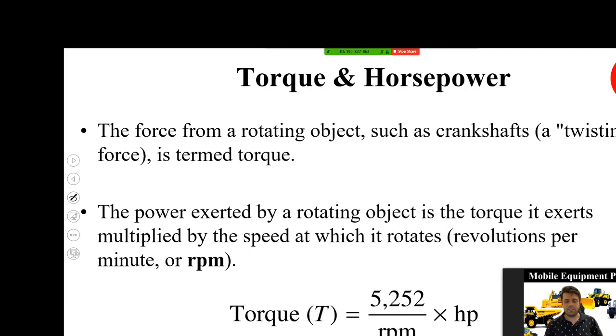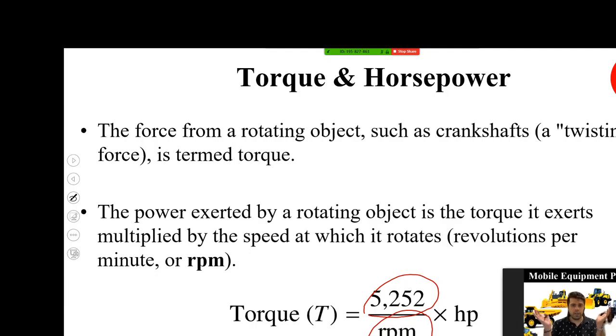And if you have the RPM, the torque will be, we have a constant. This number is the constant. We will always see that. If you divide it by revolutions per minute and then multiply it by the horsepower, you will find the torque.